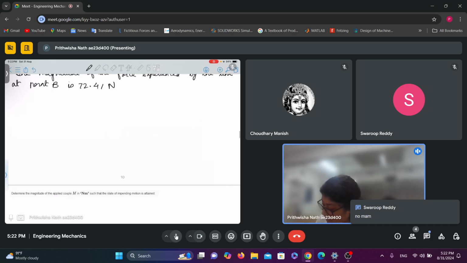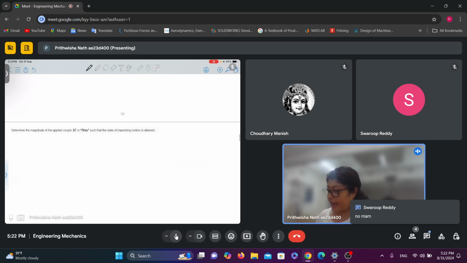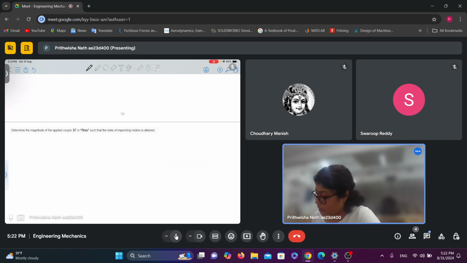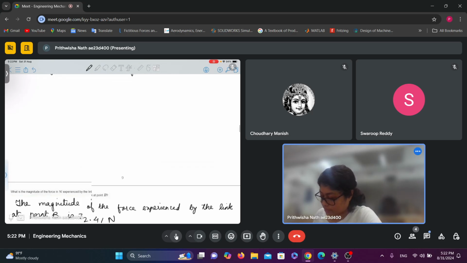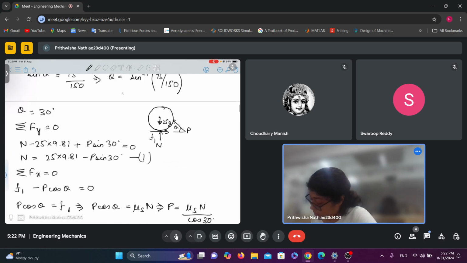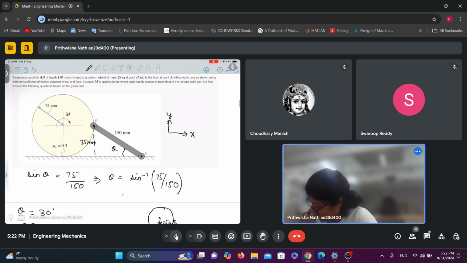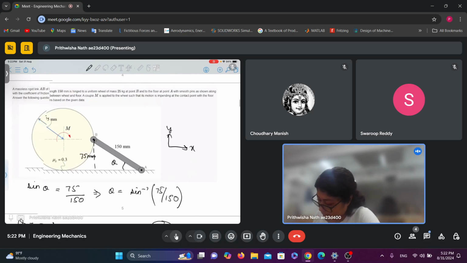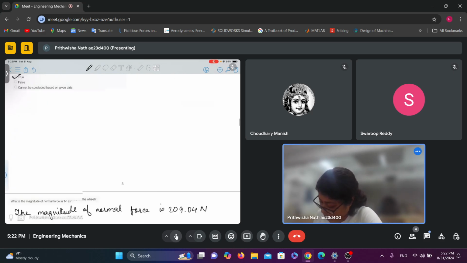Okay, so the next part of the problem: determine the magnitude of the applied couple M in Newton meter such that the state of impending motion is attained. Now you can see there is a couple M applied at the center.